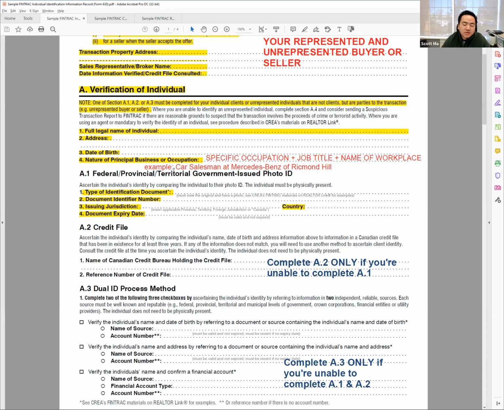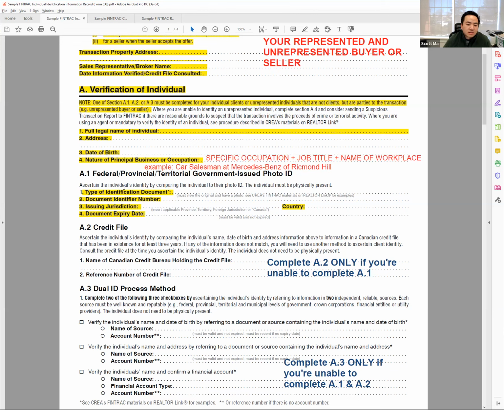You have to be specific with your client's occupation, employer, and title. I think a lot of people put very general terms for what their client does, but you have to put more details: their role, their title, and their employer.